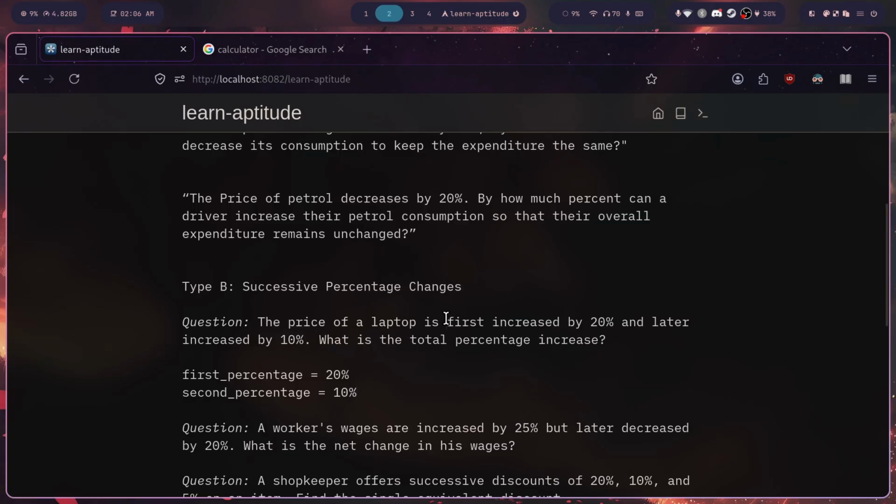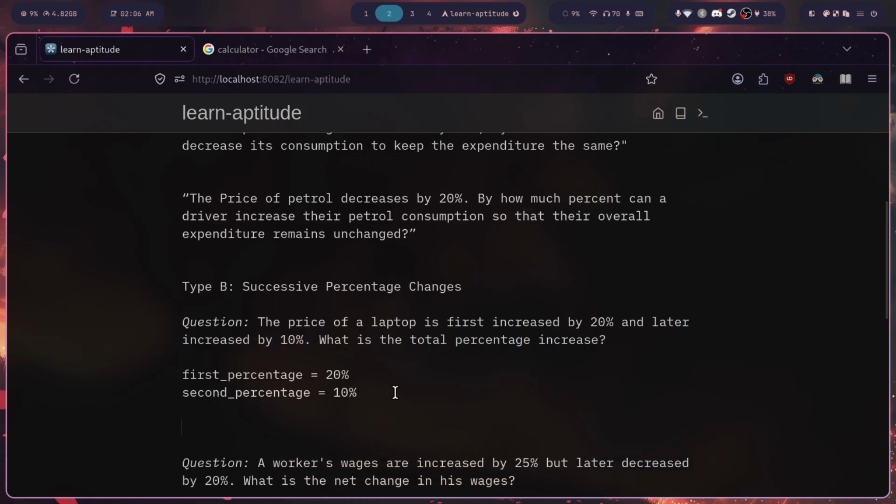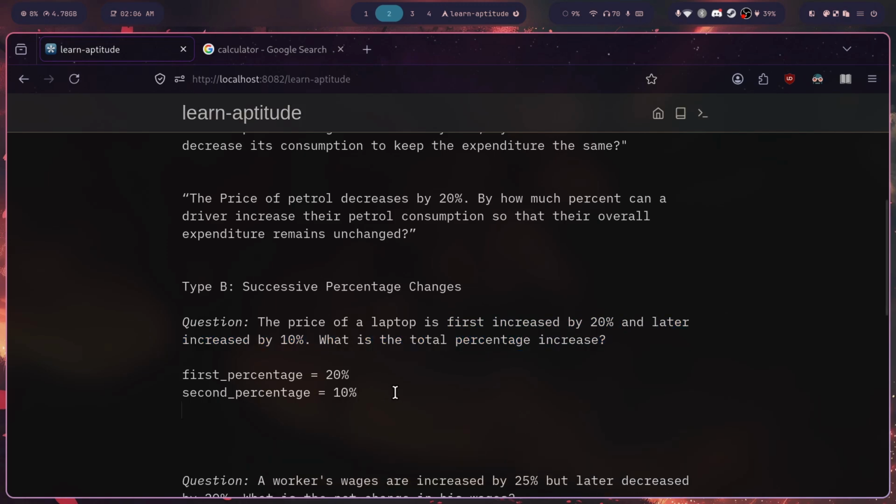First the price was increased by 20% and later by 10%. Let's take some assumptions here. Let's assume the base price is equal to 100.